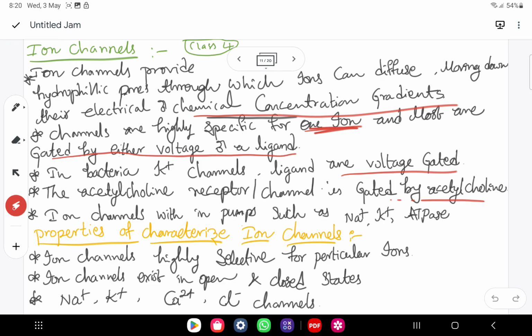Most organisms contain a large number of ion channels. One of these is the voltage gated K plus channel, which plays a key role in neuronal conditions.